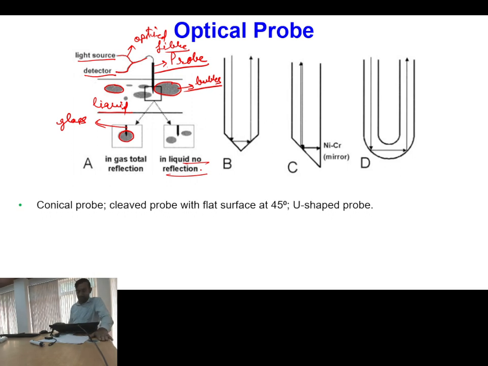Depending on that, when your input signal comes, in case of total reflection you will get a significant output at the detector, and when there is no reflection, you will not find a signal at the detector. So at the location where you have placed the probe, you will get your phase density function.